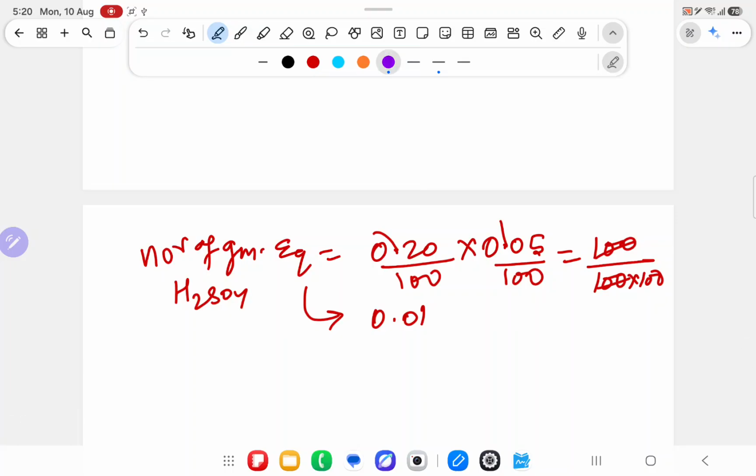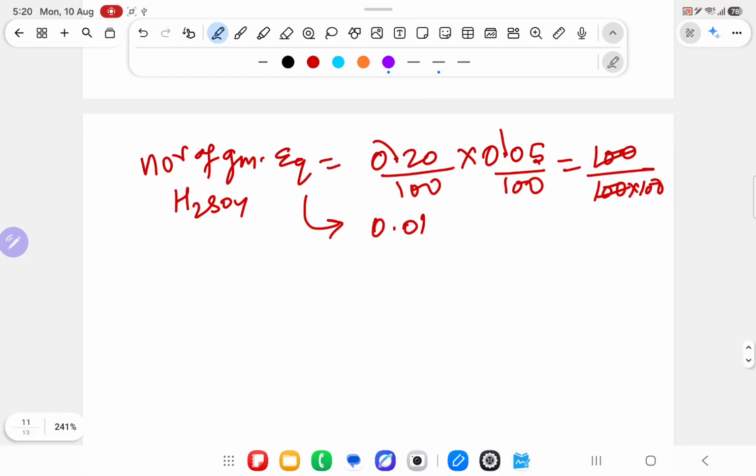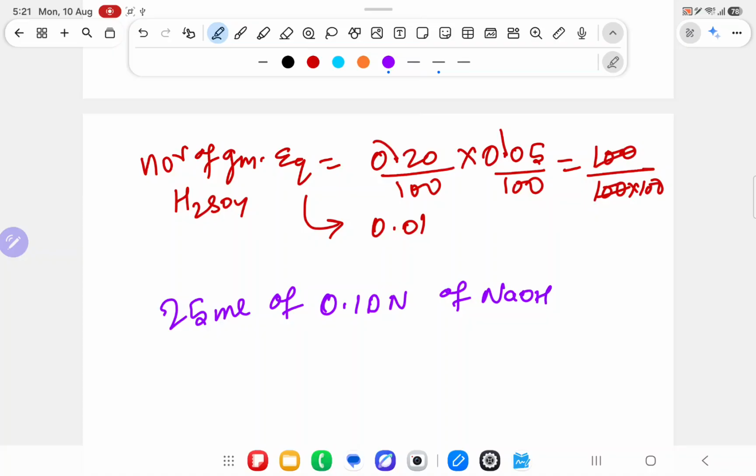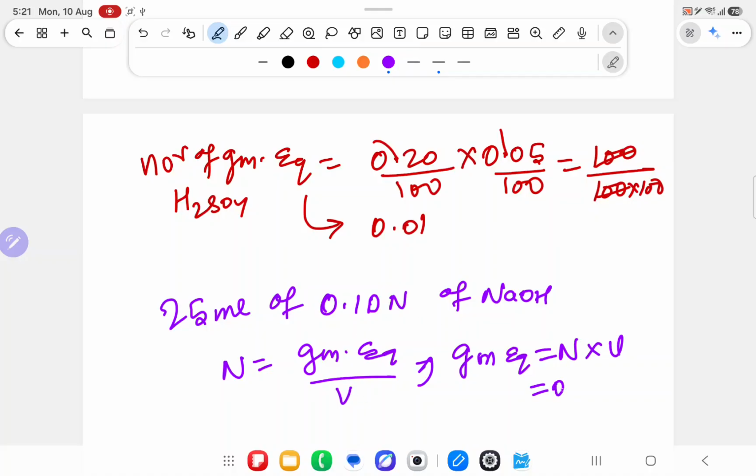Similarly, the second part they have given is 25 ml of 0.10 normality of NaOH. What will I get from here? Normality equals gram equivalent by volume, so gram equivalent equals normality into volume. Normality is given 0.10, but volume is given in milliliter, so 25 by 1000 we get in liter.